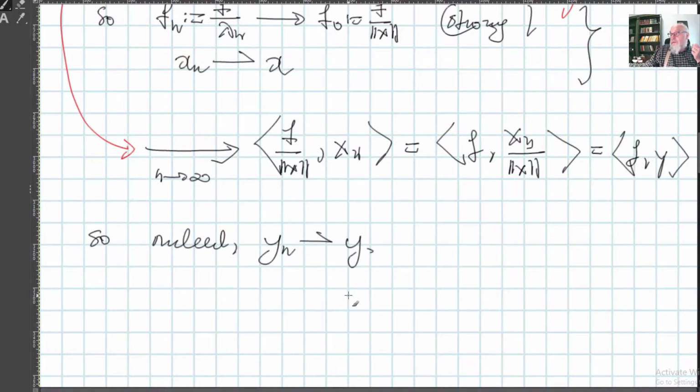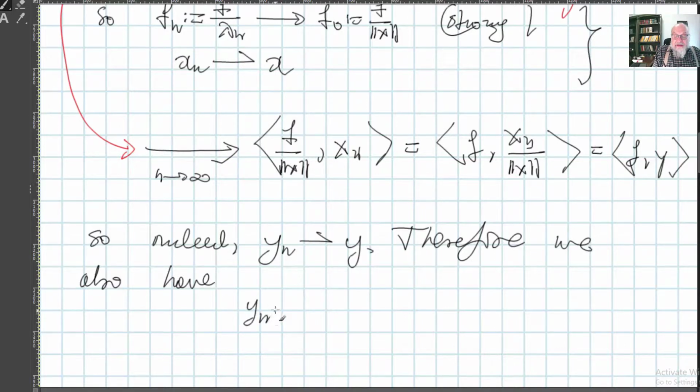So now, since yn is convergent, therefore we also have, and let me write it down, that yn plus y divided by 2 converges weakly to y over 2 plus y over 2. So this one will be equal to just y.